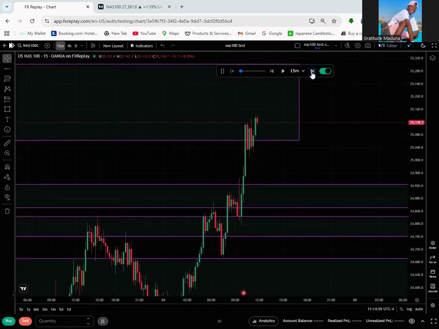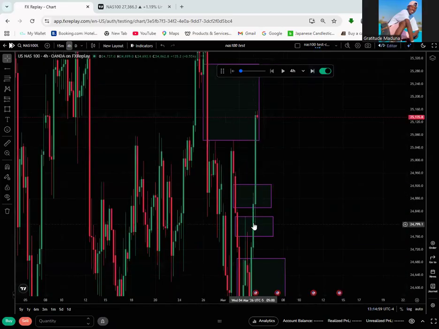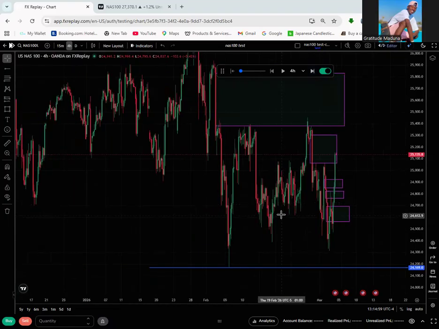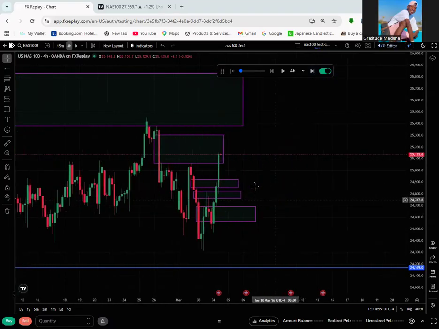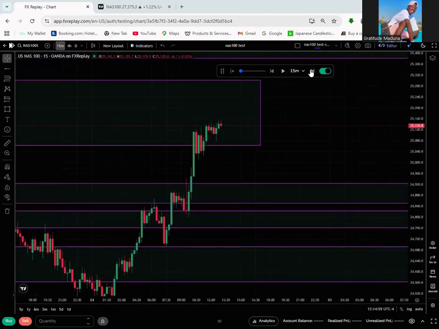Okay, push back up. We're still in with my 4 hour, still in a bearish fair value gap. What are we going to do here? Let's just watch and see.